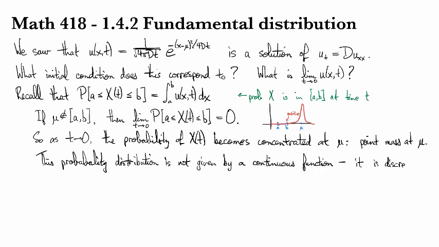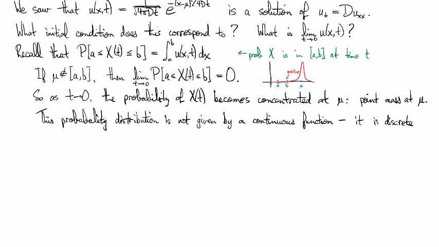It's what we call a discrete distribution. Examples of discrete distributions are actually familiar. If you think about it, in fact, they're probably more familiar than anything else.